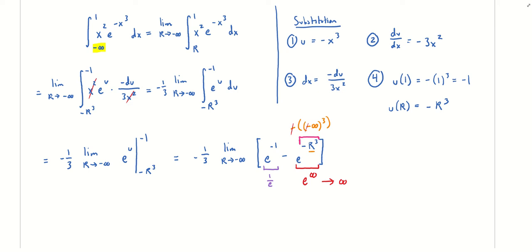But notice that I also have another negative sign out here with the negative 1/3. So this negative in the negative 1/3 is actually going to make this thing positive. Because if I distribute this negative 1/3 into here, I get negative something minus negative something here. So that becomes a plus.